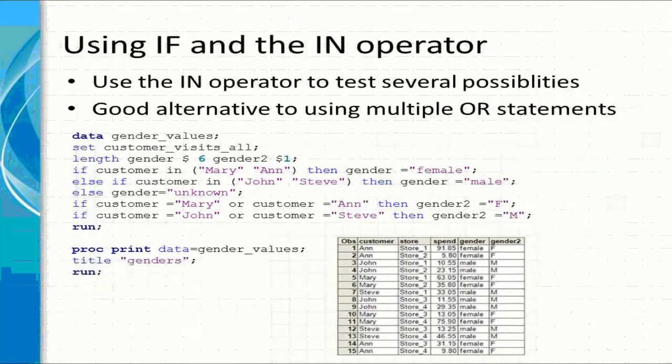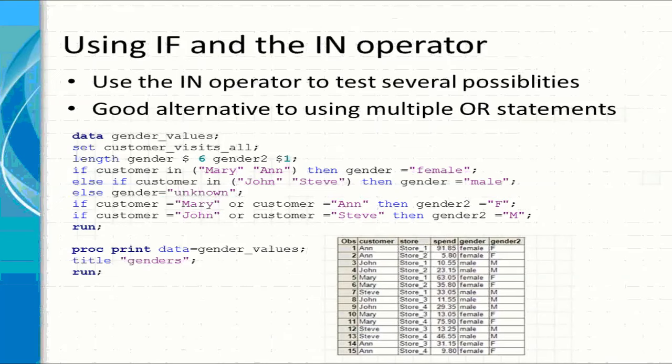Now if you want to test several possibilities, I also advise you guys to use, on top of that, the in operator. It's a good alternative to using multiple or statements. And there you go, an example where you want to work out the gender of your customer. In this particular case, you just basically say, for example, if the customer in Mary or Anne, then the gender equals female.